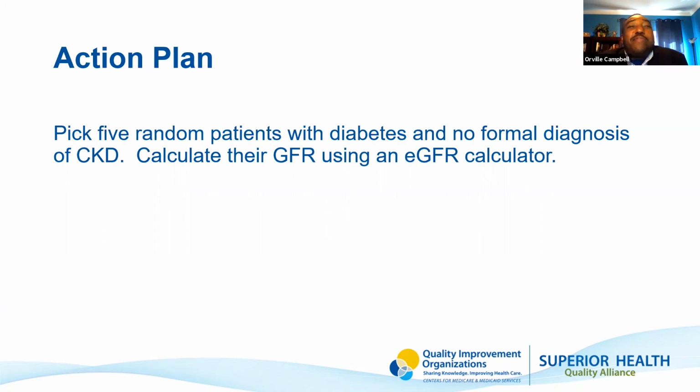Pick 5 random patients with diabetes and no formal diagnosis of chronic kidney disease, or CKD. Calculate their eGFR using an eGFR calculator minus race and see what you get.